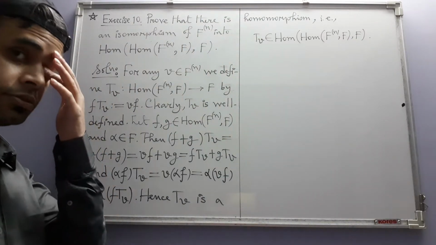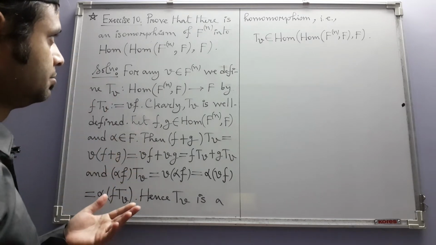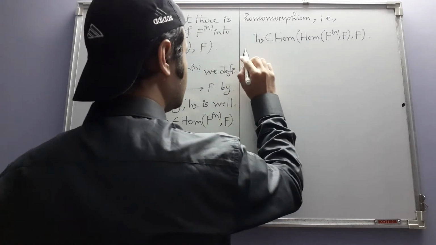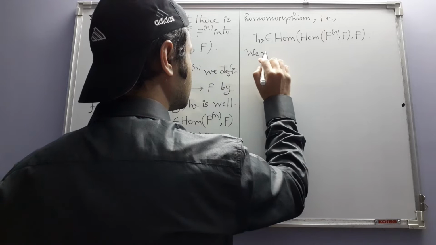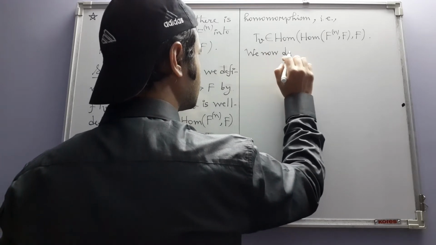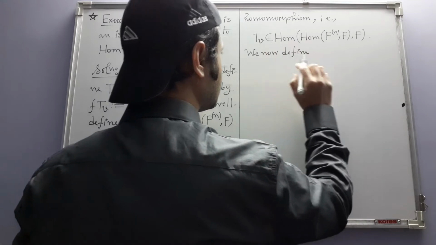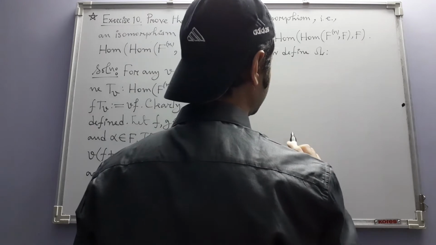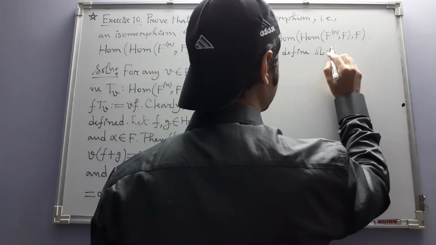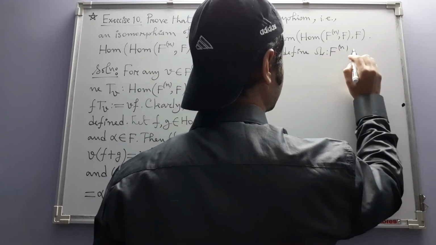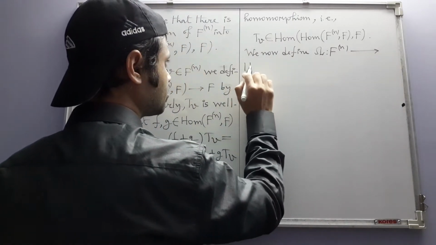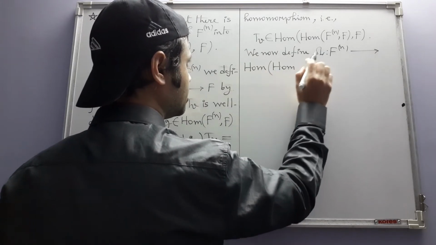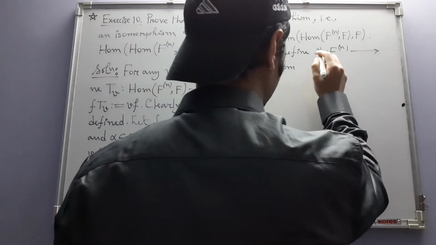Okay. Now using this Tv, we can now define a map between this space and Fn. We now define a map omega. There is no need to write omega or anything. You can write anything you want actually. I mean the name of the map, you can call it anything.